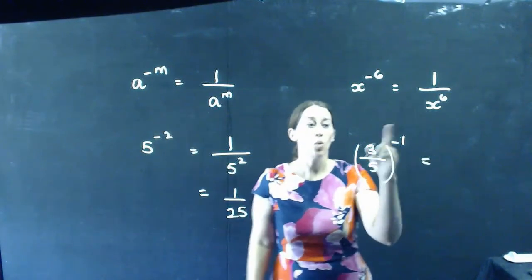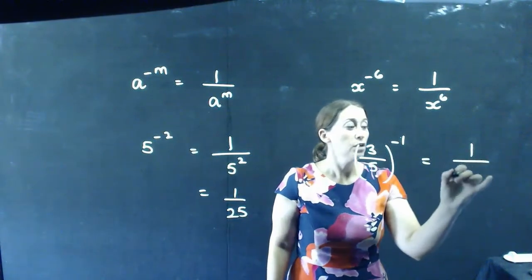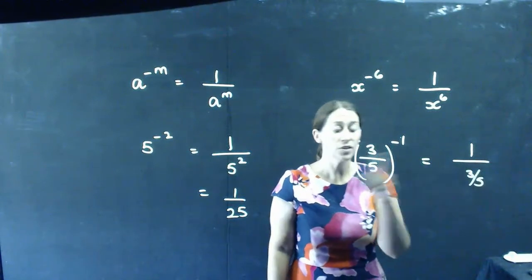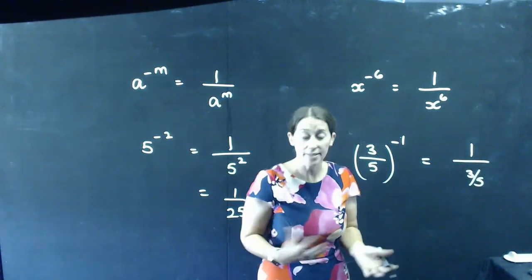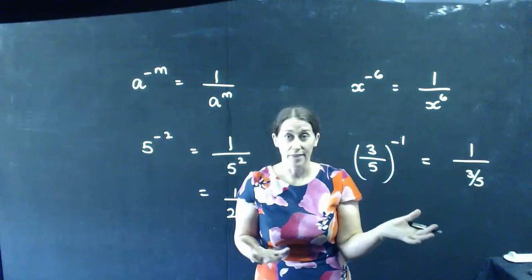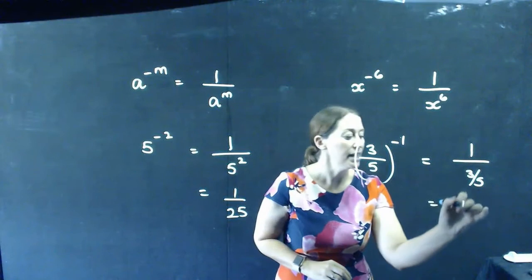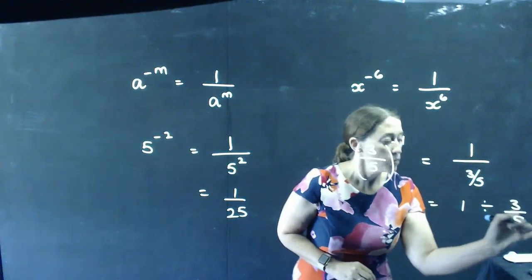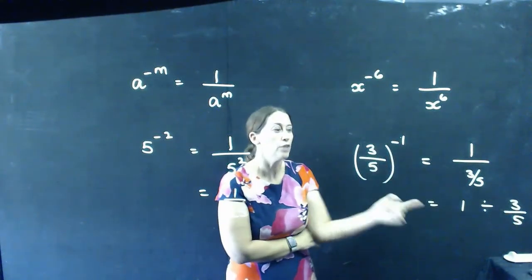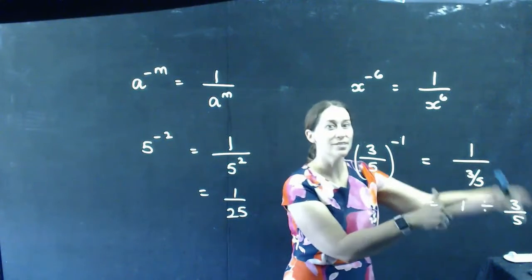So this becomes 1 over 3/5, because that's what our base is. But we don't write it like that because we're dealing with 1 divided by a fraction. And when we're doing that, we know that the division means that we do the reciprocal.